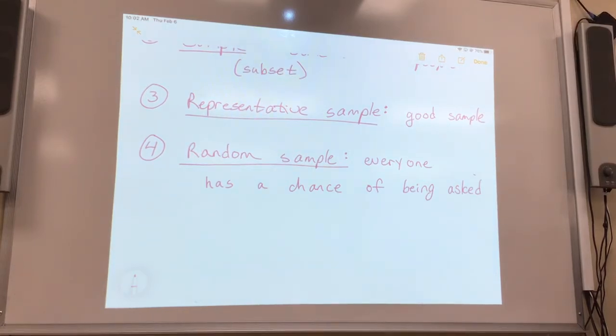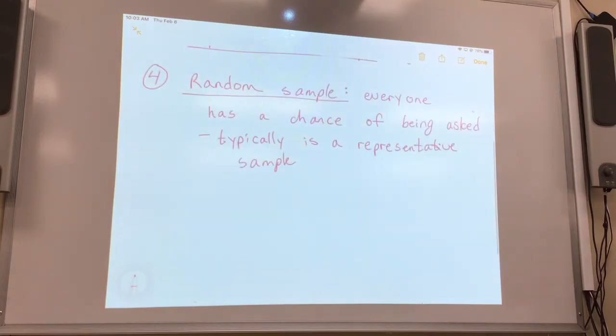And the other thing that was a part of that definition, I don't know if you wrote it down or not. Typically is a representative sample. What does that mean when I say that? That it's typically a representative sample. Accurate. Means it's accurate. Usually this is a good kind of sample method.